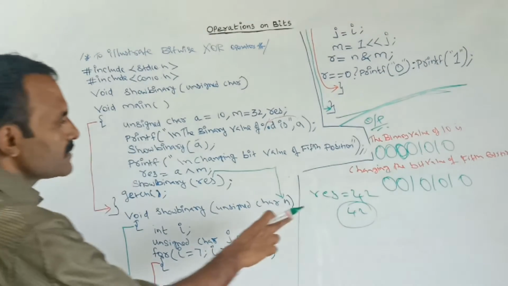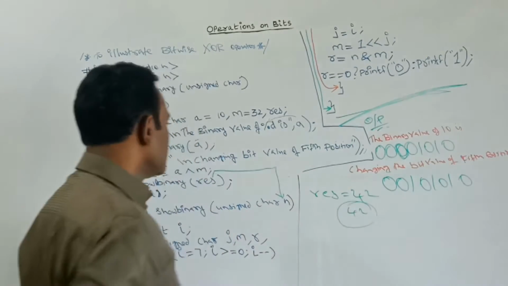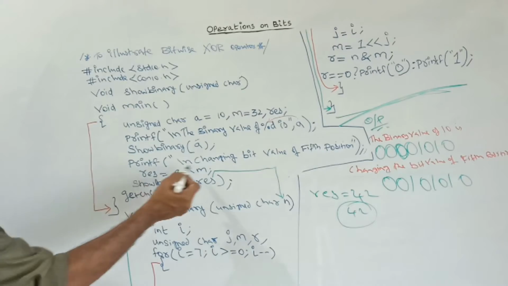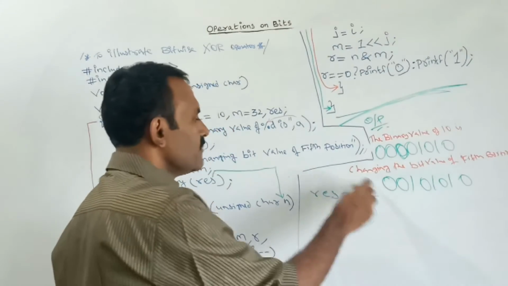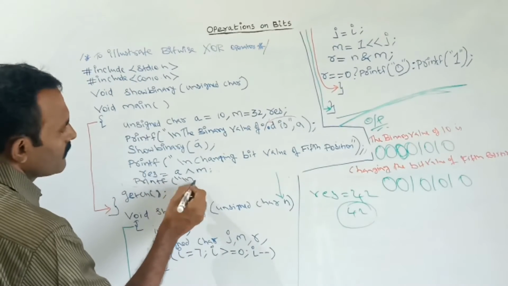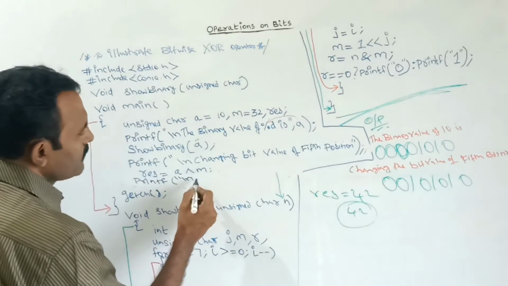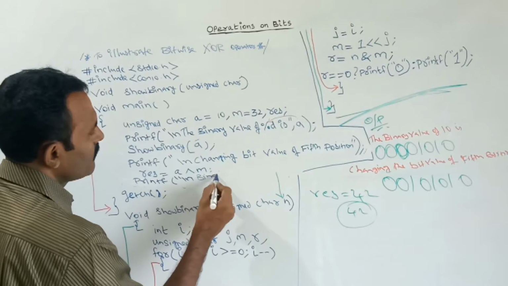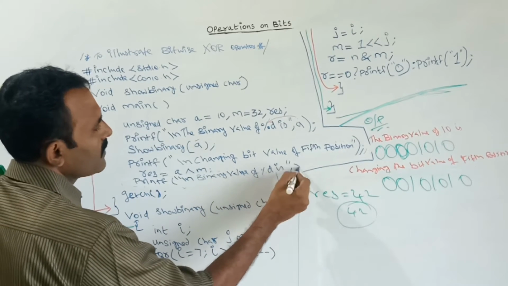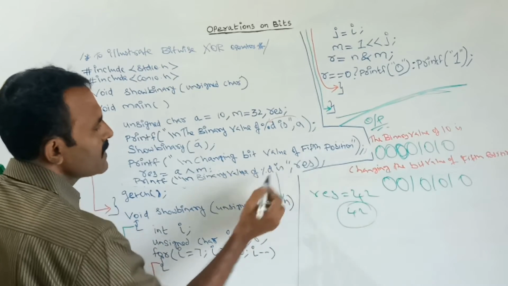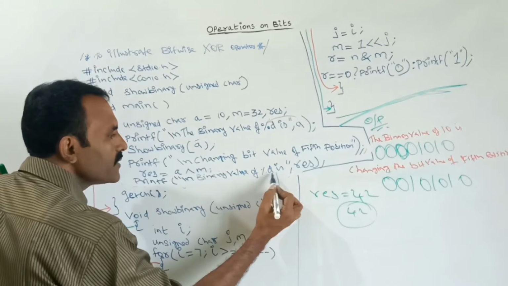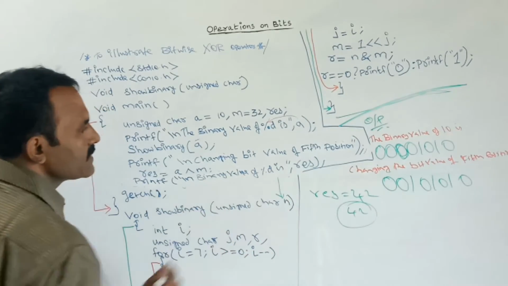Suppose if you want to display this decimal value also, then here we can write another printf statement and we can print this decimal value. Printf, backslash n, next the binary value of, if you are giving RES, then this RES relevant decimal value will print here, because here I am using %d. %d means decimal value.